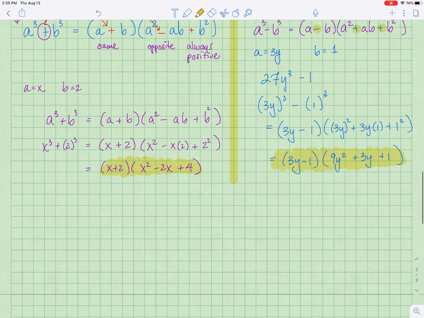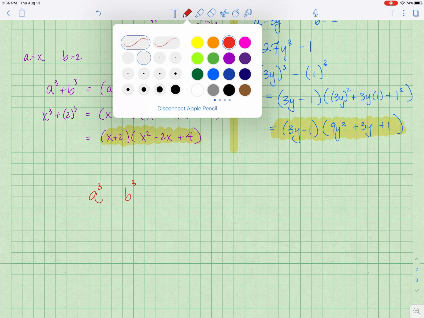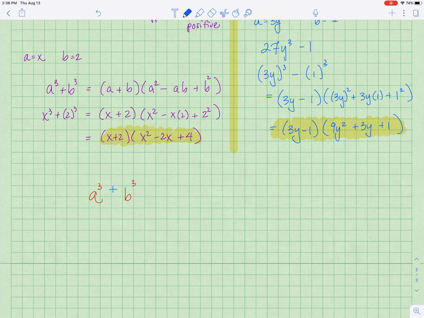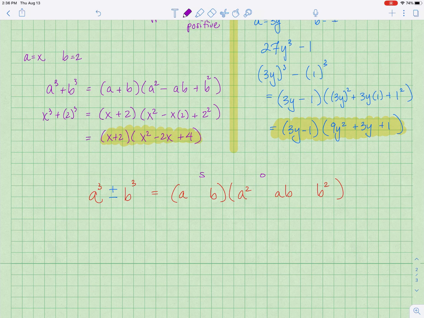So just to recap here, you can memorize the same formula for both of these. If you have A cubed and B cubed, and your signs are either positive or negative, depending, it will always factor as A, B, in parentheses, and then A squared, AB, B squared. And the acronym is, again, same, opposite, always positive, SOAP.